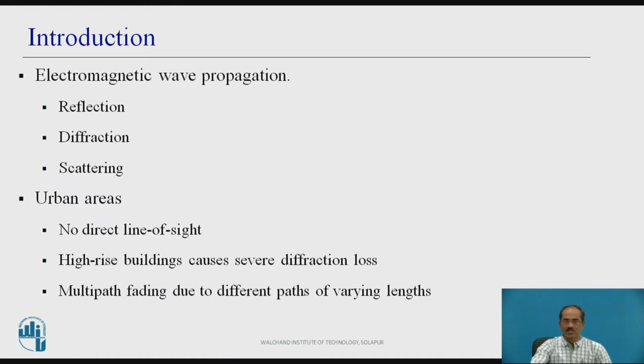In urban areas like big cities, there is no direct line of sight path between transmitter and receiver. High-rise buildings or big buildings cause severe diffraction loss. Multipath fading is due to different paths of radio waves of varying lengths.